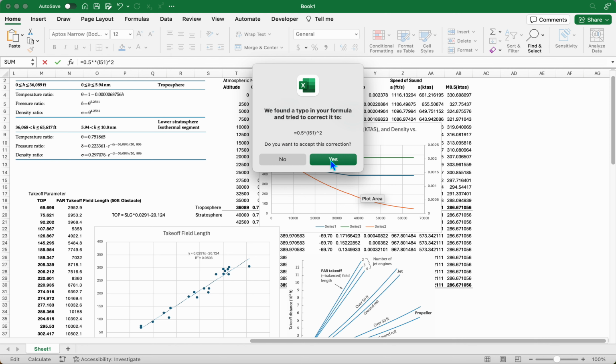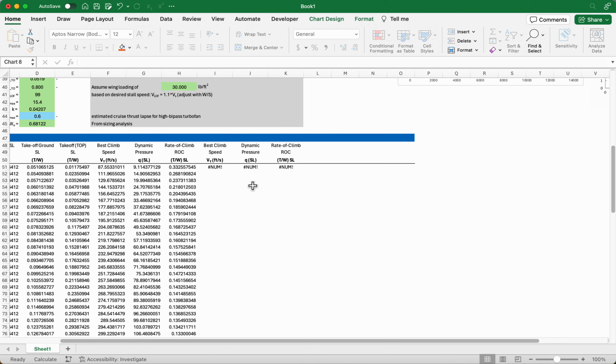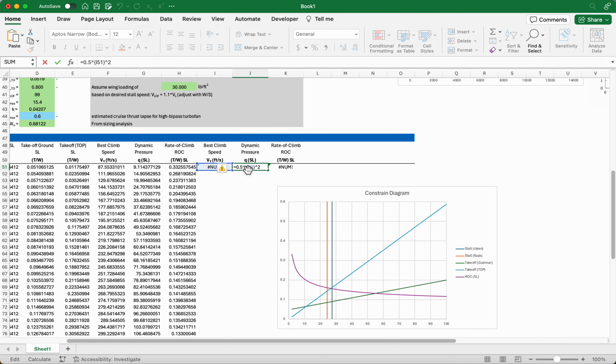Found a typo, tried to correct. Sure. I corrected it wrong. I'll just put this in here, Y16. And I want this to be fixed.